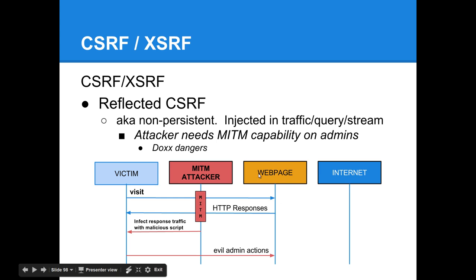Now, the web page will never see this. It's not stored. This is called reflected. And then if the victim's browser allows the script to run and there's no script blocker, it will perform evil administrator actions. It's very straightforward stuff.